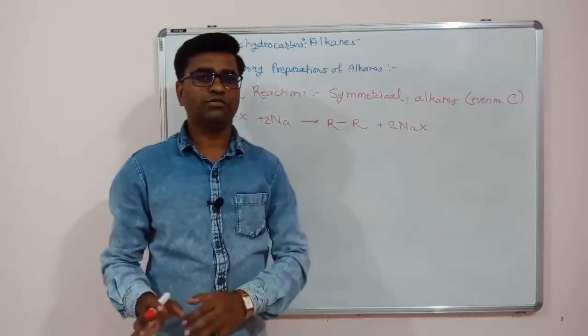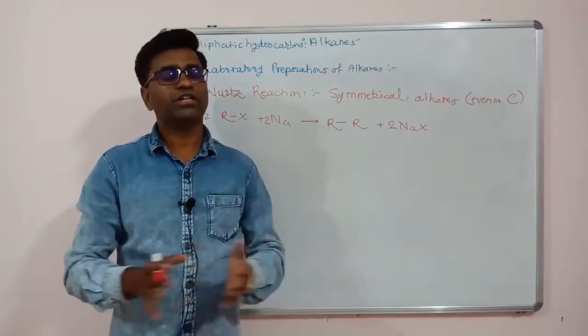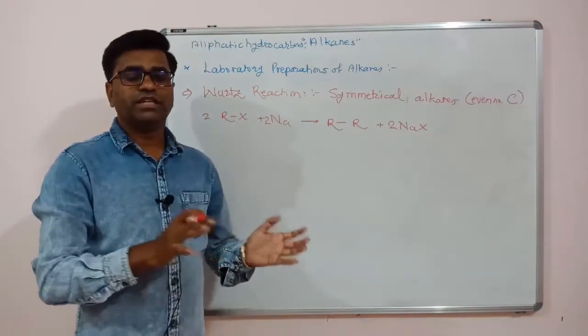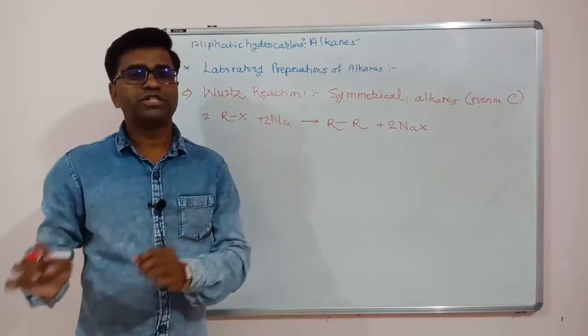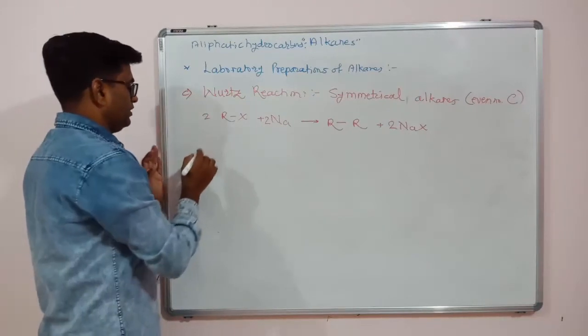For the formation of odd number carbon alkanes, this method is not that good, because in that case we will get a mixture of products. Okay, now we'll see the examples.